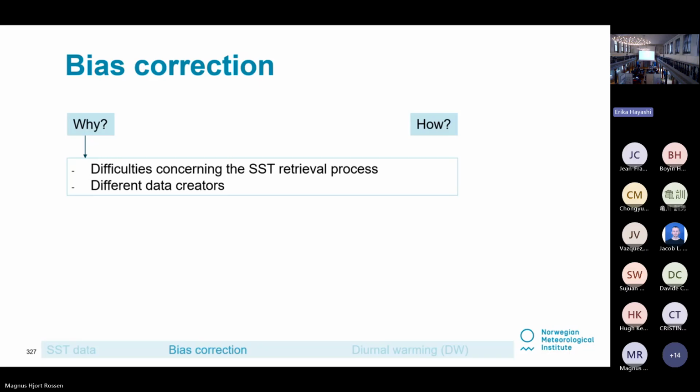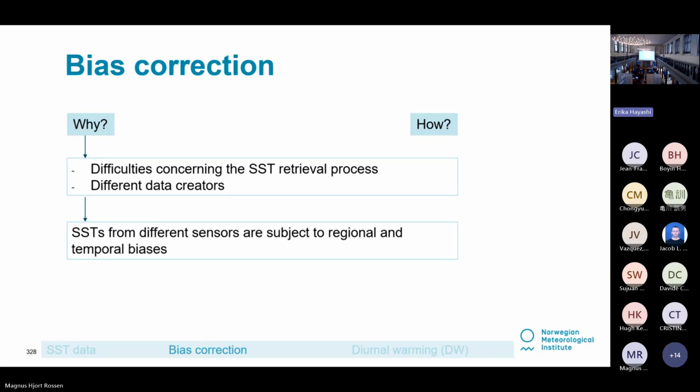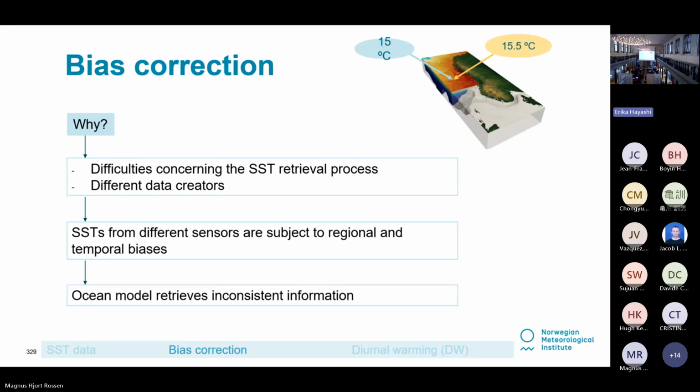And also, in addition, you have different data creators that maybe use different algorithms to retrieve the sea surface temperatures. And all of this can cause the sea surface temperatures from different sensors to be subject to regional and temporal biases. And now the question is, why don't we want this when we assimilate the data into the model?